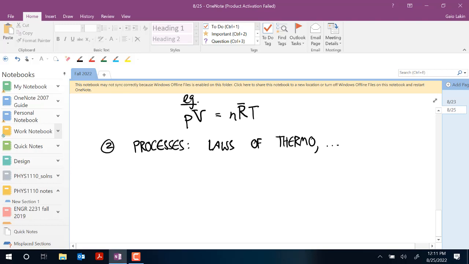There are two types of properties, extensive and intensive.